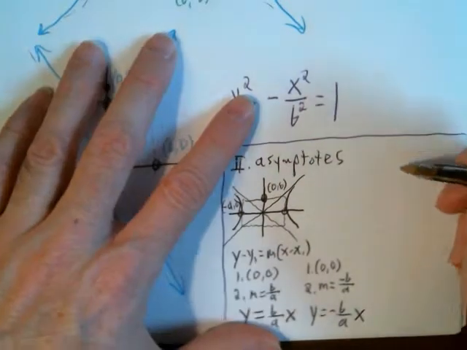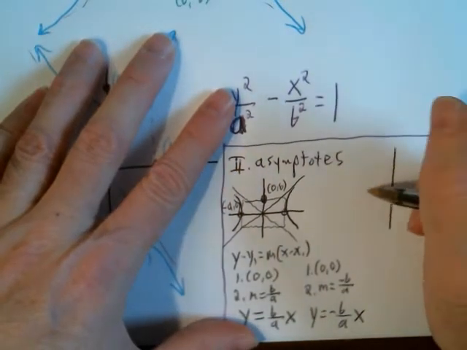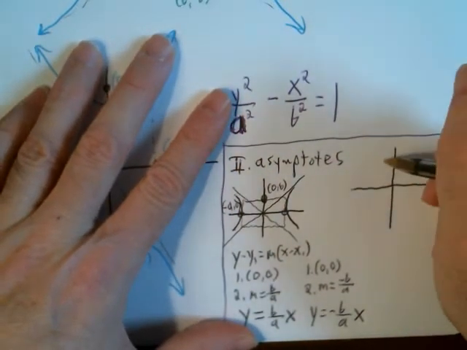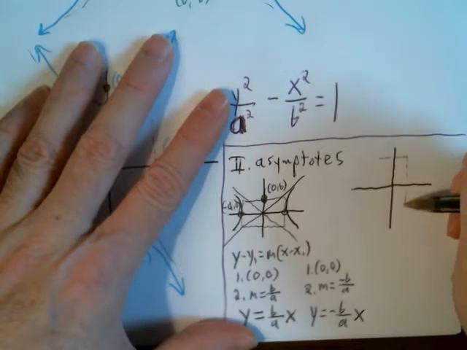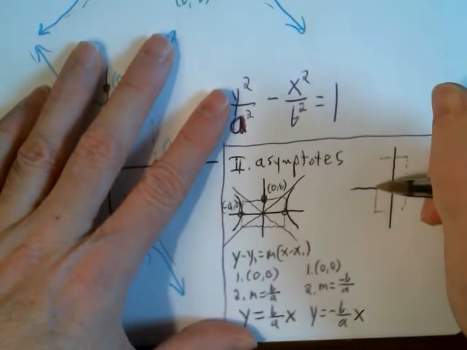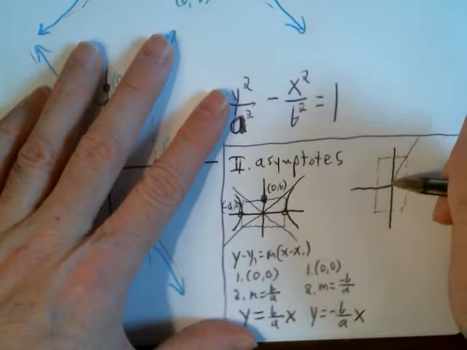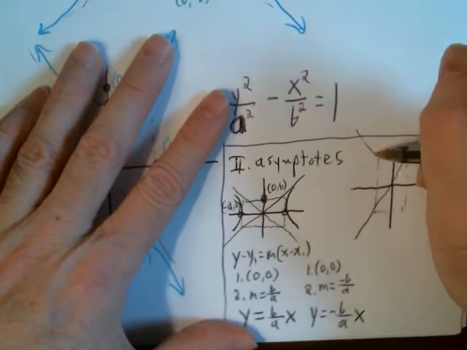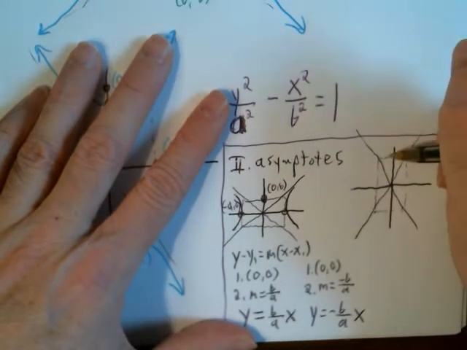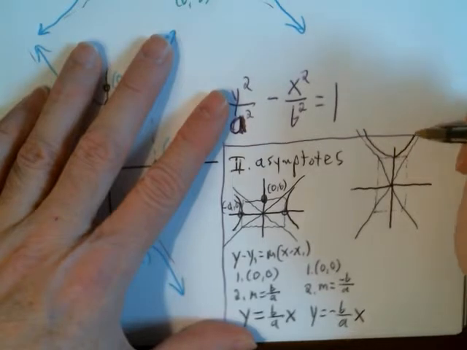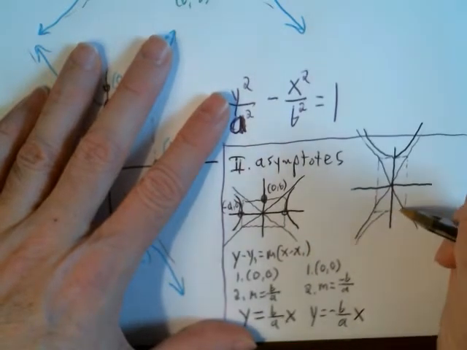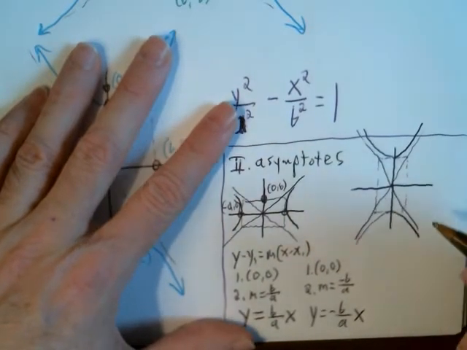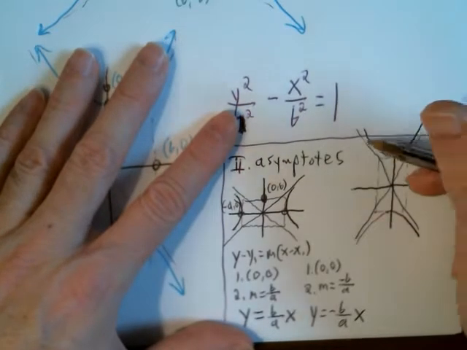Now the other orientation. We can literally just think about this box at this point, and we're looking for the equations of the asymptotes. Of course, the branches of the hyperbola are on the y-axis here, but we're after the equations of these lines.